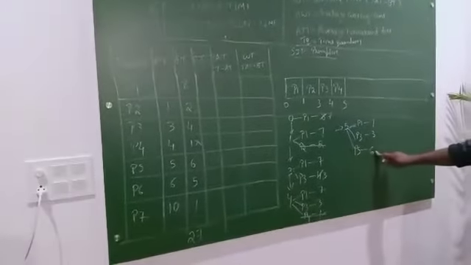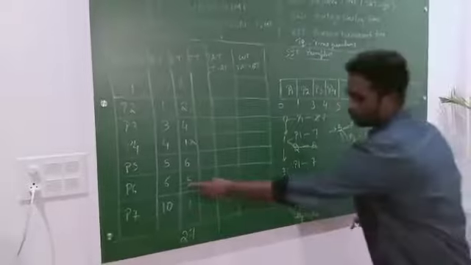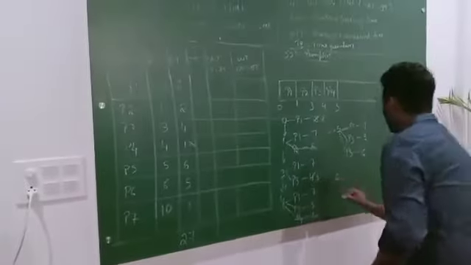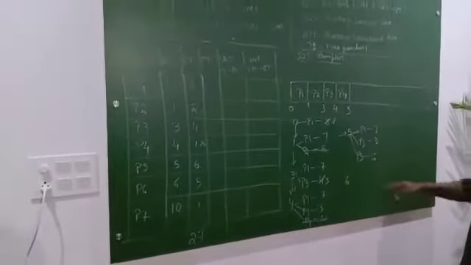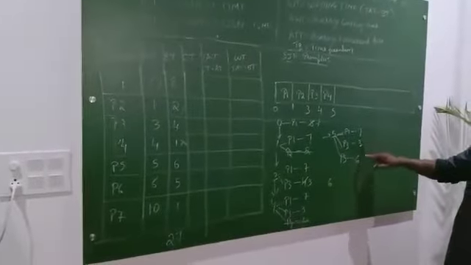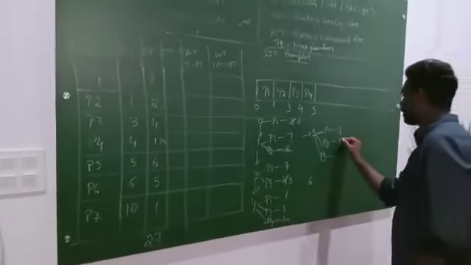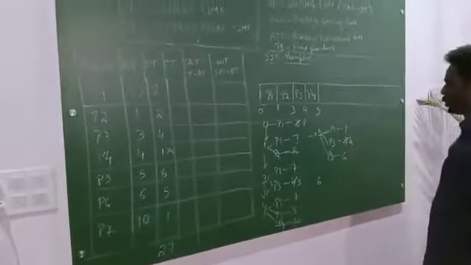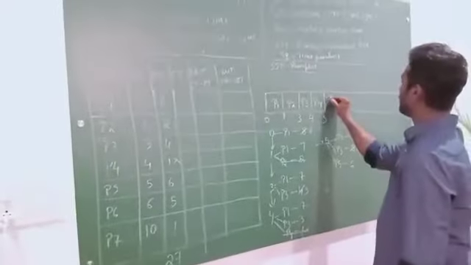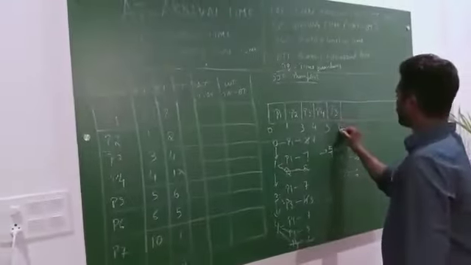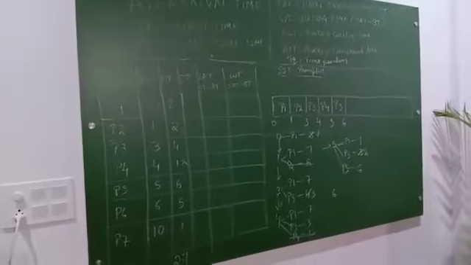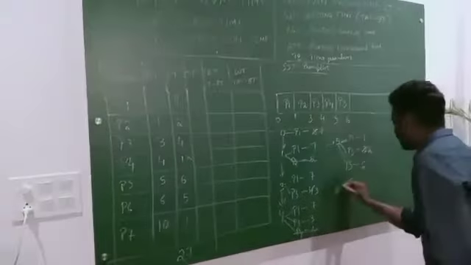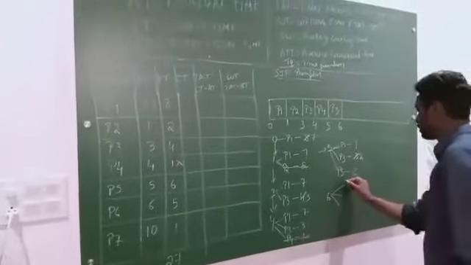Out of these three, it has to execute until the next process arrival time, your 6th second, so 1 second has to execute. Which has the shortest time among these three? Your P3. If it executes 1 second, the remaining is 2 seconds. So P3 is going to execute until 6 seconds.